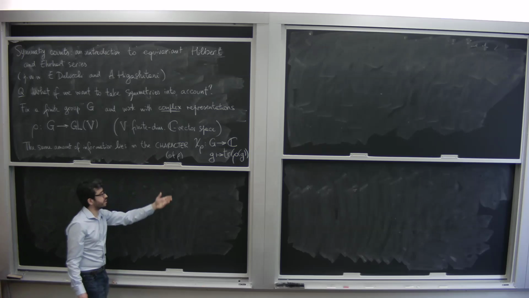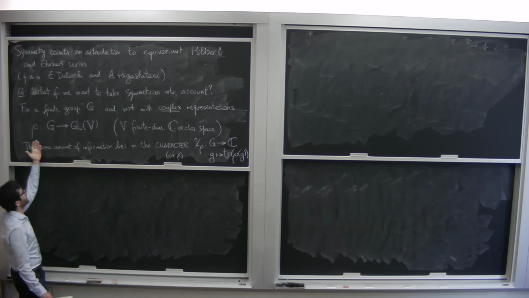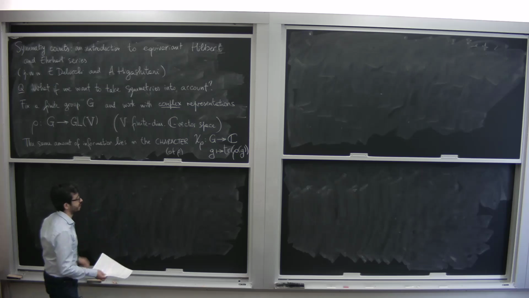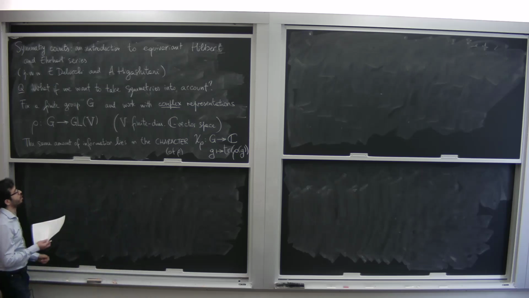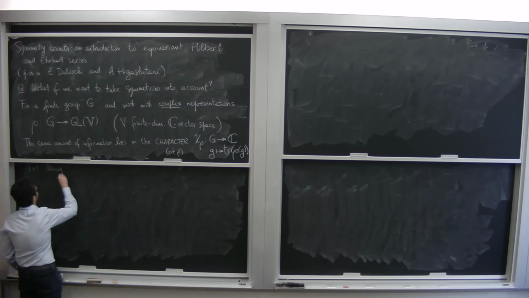We also need to take things like negative characters that wouldn't make any sense from the representation point of view, but we need them as formal objects to be able to do the manipulations that we want. That means I need to introduce a ring which is going to play the same role as the ring of integers. This ring is what I'm going to call R_G.